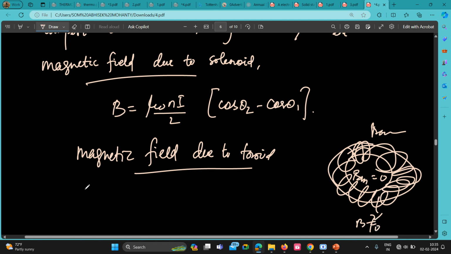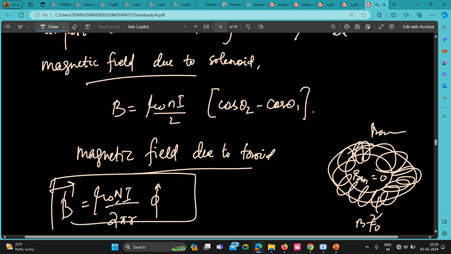So B will be mu naught N I by 2 pi r, phi cap. So that is the formula.